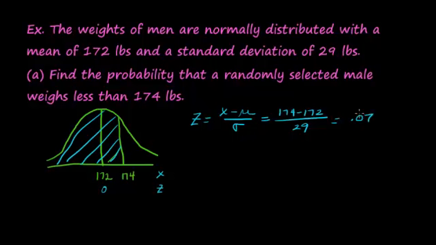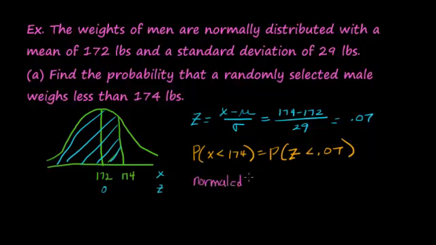0.07. So now we used our notation. Let's see what we wrote. So the probability that X is less than 174, well, that's the same thing as the probability that Z is less than 0.07. And this is where we used our technology, and we said that on the normal cumulative density function, we put our low value here.